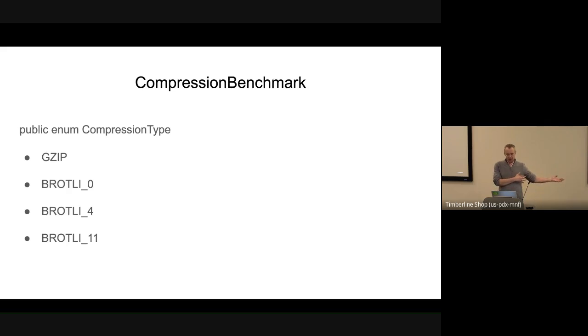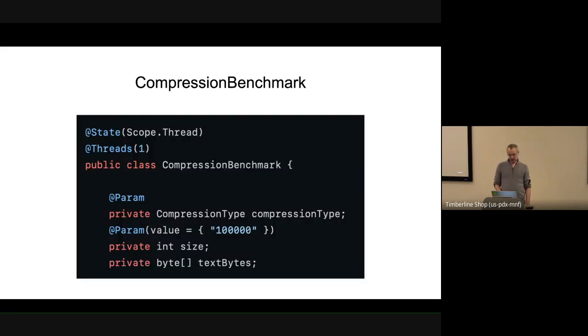I wanted to write a benchmark that compared gzip against Brotli quality 0 versus Brotli quality 4 versus Brotli quality 11. When you're using JMH, it's very common to set up a Java enum. So I declared an enum class because I wanted to use the enum as a parameter in the benchmark. On the next slide, you can see I'm using an annotation in the middle of the screen.